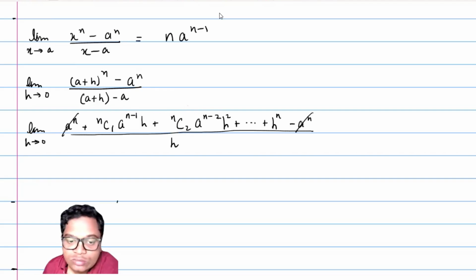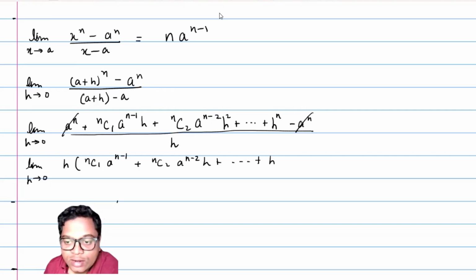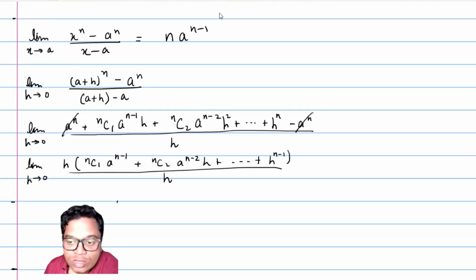So these two terms will get cancelled. We have limit h tends to 0. Now in this term, I can take h out. I'll get nC1 a^(n-1), here I get h, and here I'll get h^(n-1), the whole over h. Now we know that as h tends to 0, h is not equal to 0, so this can be cancelled.